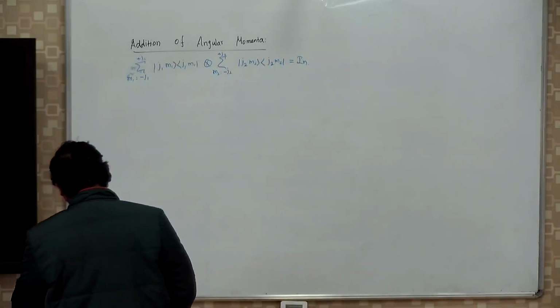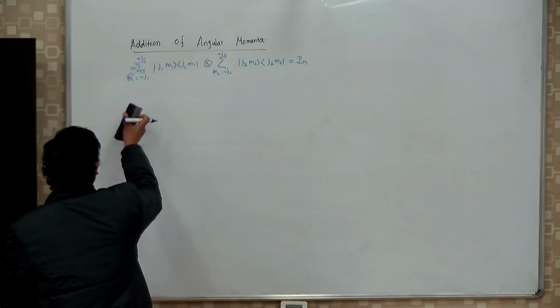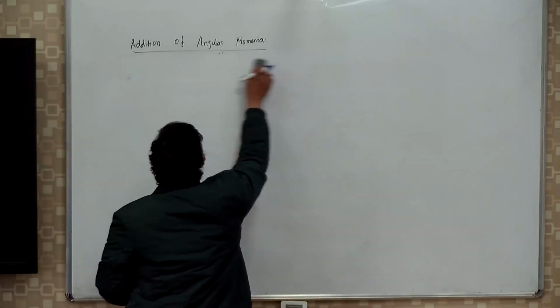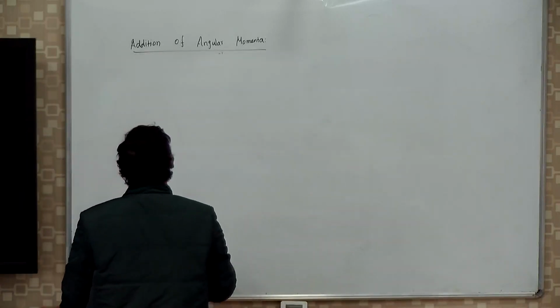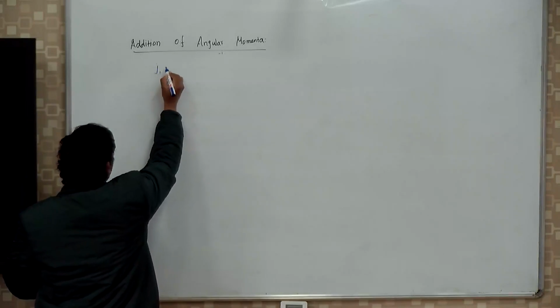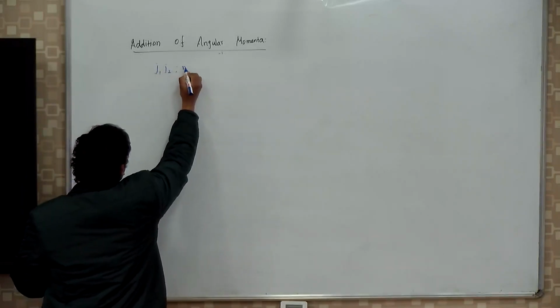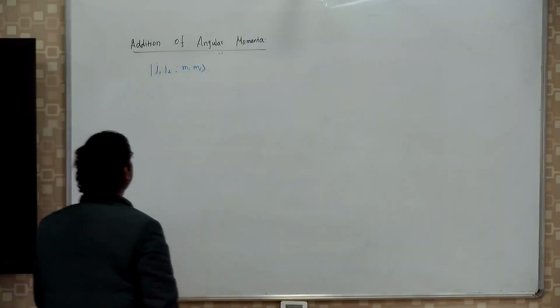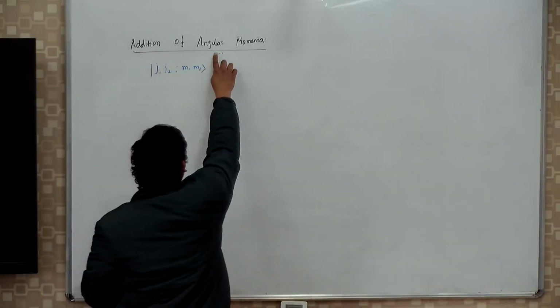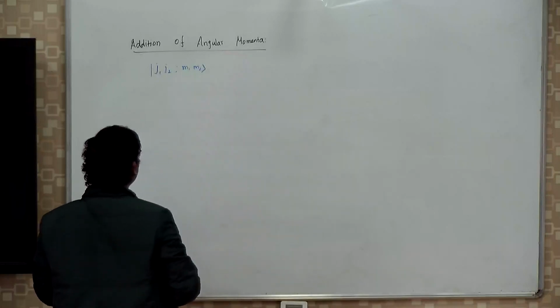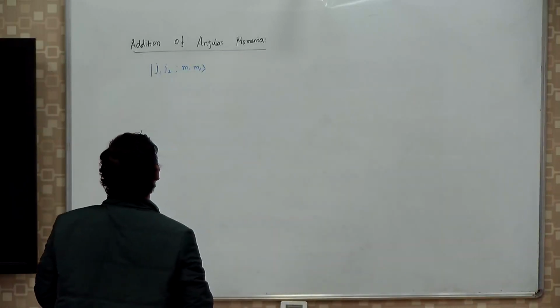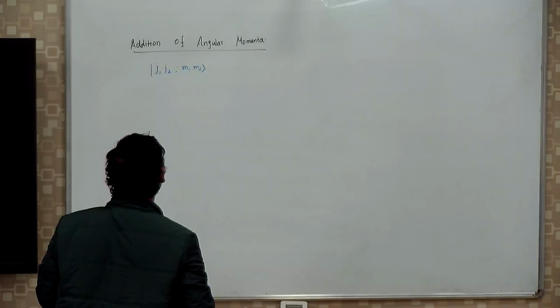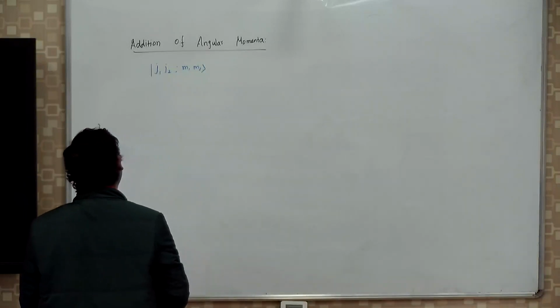Now we know the combined state vector is represented with the ket vector |J1 J2 M1 M2⟩. This is the combined state vector of the two Hilbert subspaces. Fine.